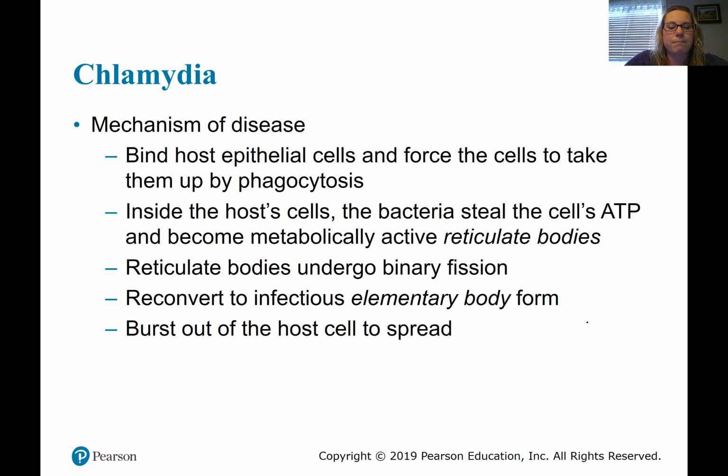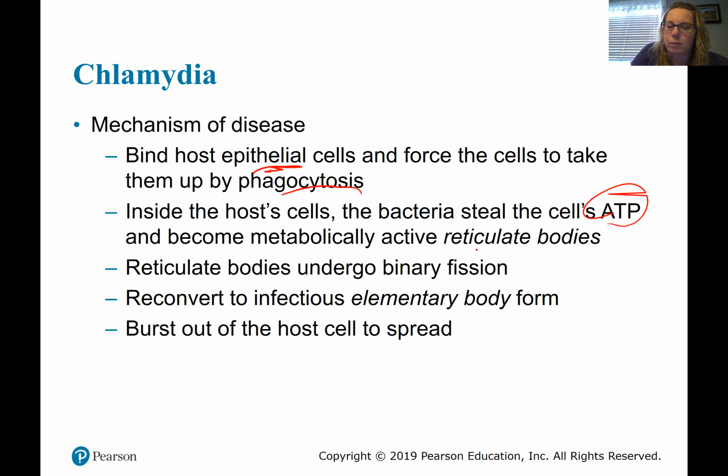I'm not going to spend a lot of time on the mechanism of disease, but basically the chlamydia bacterial cells will bind to an epithelial cell and basically tell that cell to bring it inside through phagocytosis, and then it will steal that cell's energy in the form of ATP.